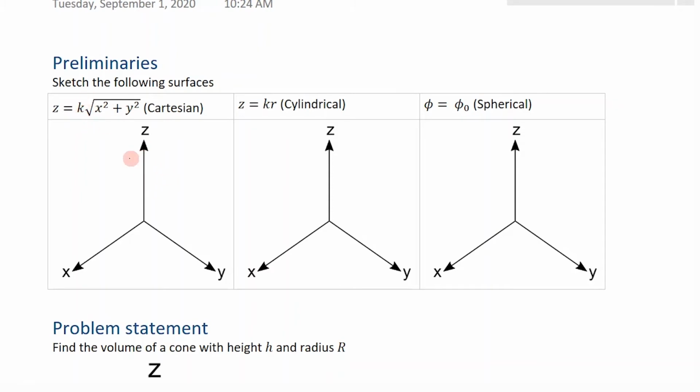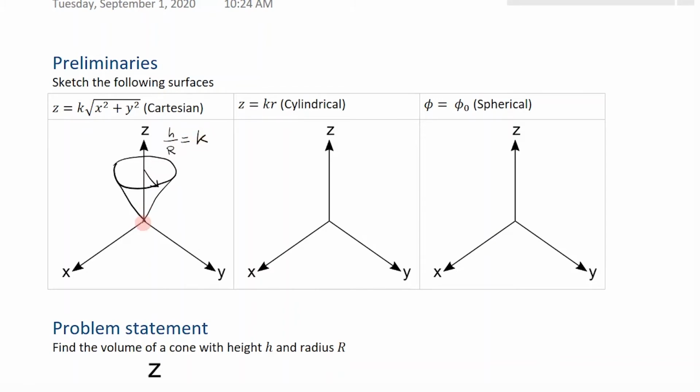So this describes a cone. And the ratio of height to the radius of the cone, height over radius, is given by k.